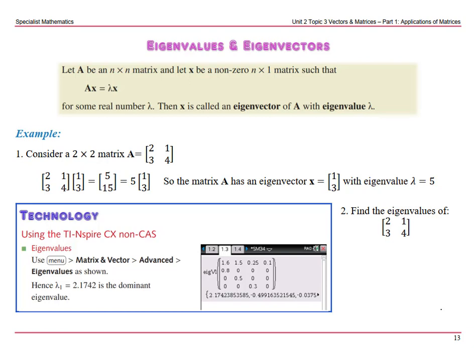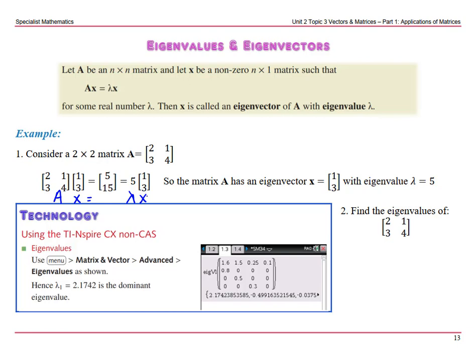So by doing that, I can say that matrix A has an eigenvector X, which is 1, 3, and an eigenvalue lambda, which is equal to 5. So when we're looking here, we have A times X equals lambda X.